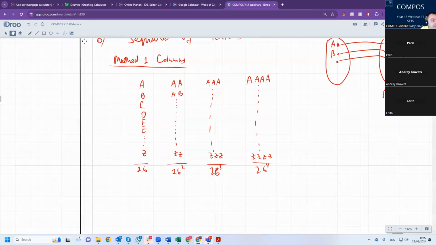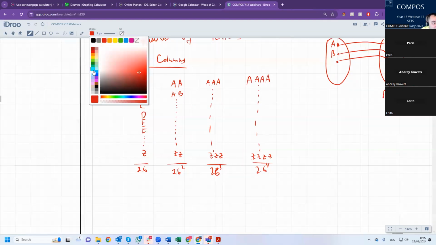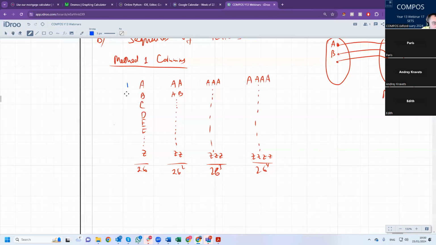So you can assign the number 1 to the first word, 1, 2, 3, 4, 5, up to 26, then 27, all the way down to, well, what is that going to be? 26 squared plus 26, 702, and then 703, all the way down to plus 26 cubed, up to 18,278.